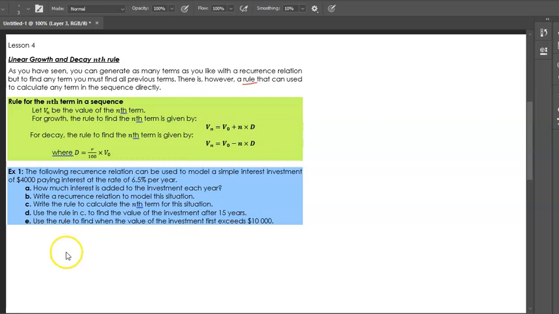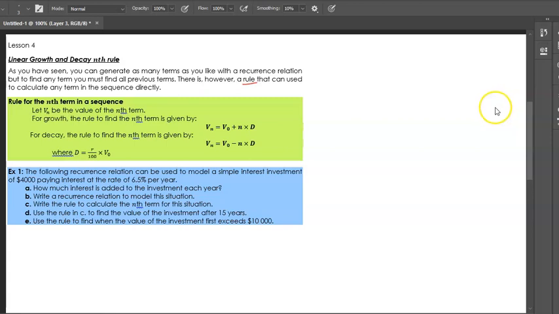So now you've got this bit of background behind where this rule comes from. We can use this rule now to help us answer the following 2 questions. The first question: the following recurrence relation can be used to model a simple interest investment of $4,000 paying interest at a rate of 6.5% per year.